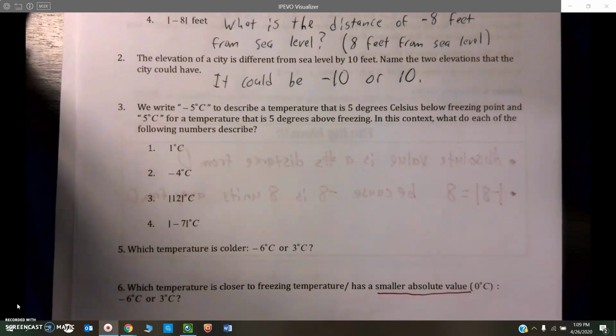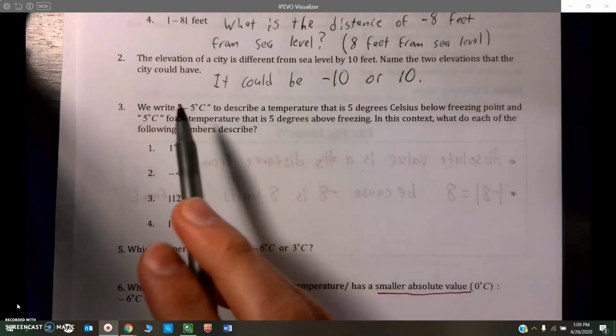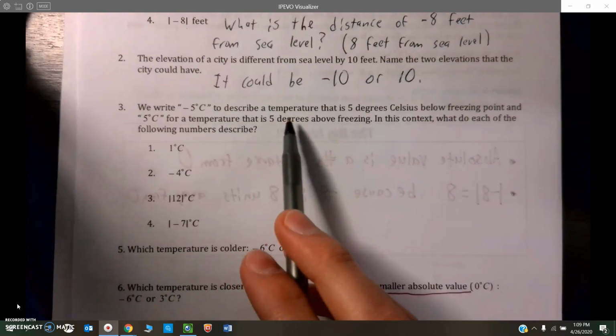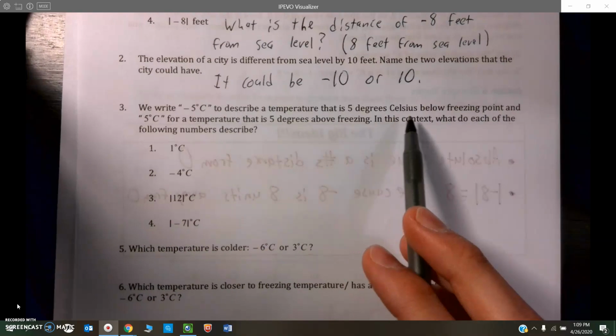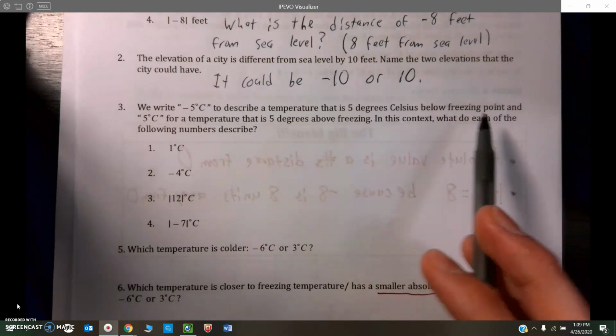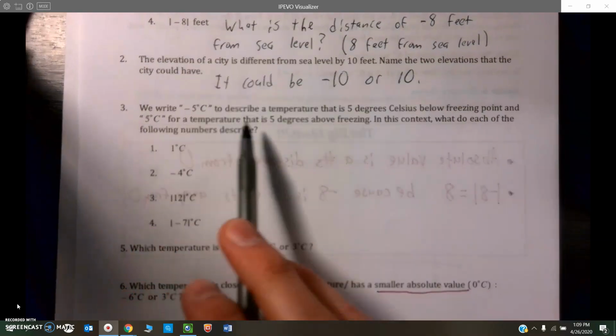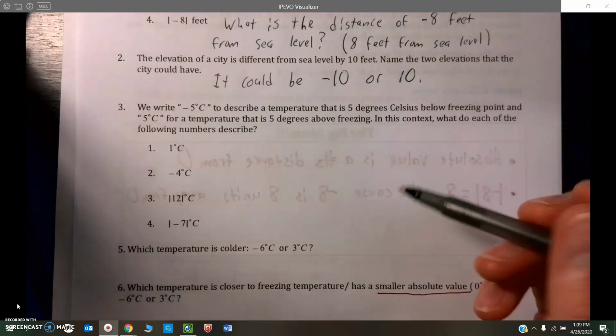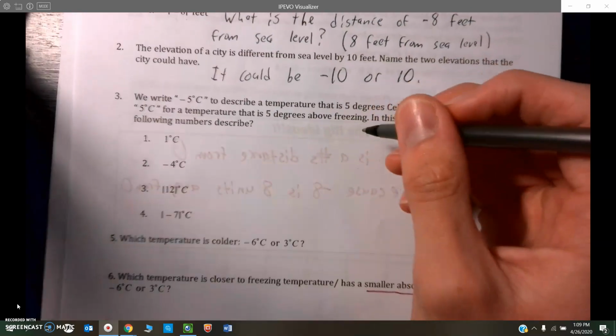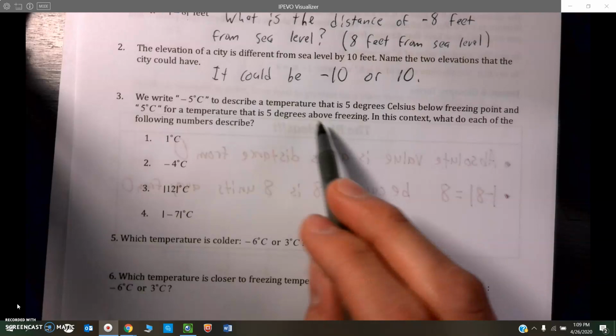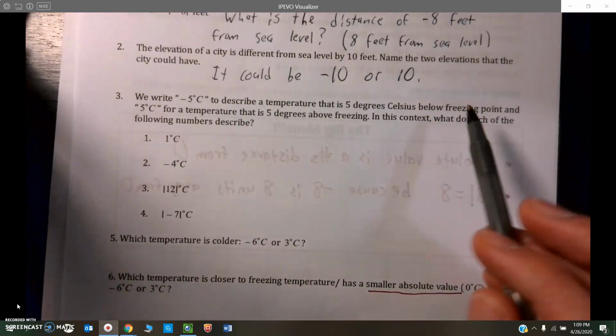Now we're going to be talking about temperature again. We write -5 degrees Celsius to describe a temperature that is 5 degrees Celsius below freezing point, and 5 degrees Celsius for a temperature that is 5 degrees above freezing. So once again, positive is above freezing, negative is below freezing.